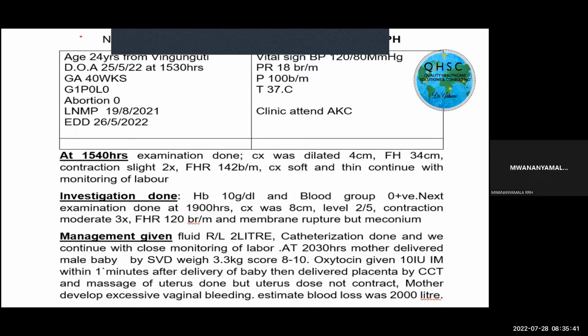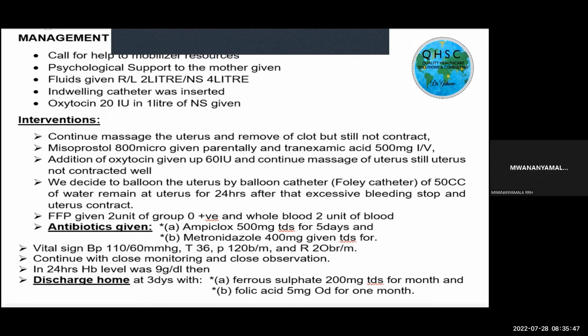With the interventions that have been mentioned, most likely it took a lot of time or a lot of effort to achieve tone. So one of the important things is to rule out other causes of the atony, most especially the retained products and cervical tears.